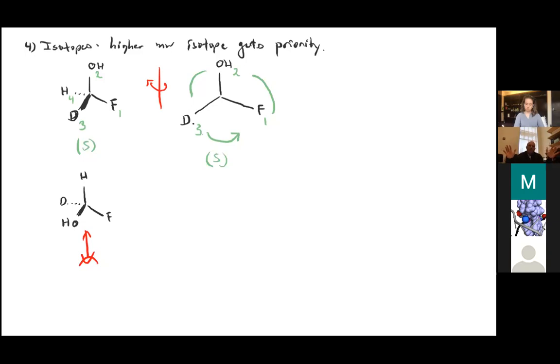So R/S is a descriptor. It's like cis or trans. It tells me the absolute configuration of a stereocenter. When we're talking about enantiomers, the thing that's very interesting is that they have identical physical properties. So same melting points, same boiling points, same spectroscopic data.